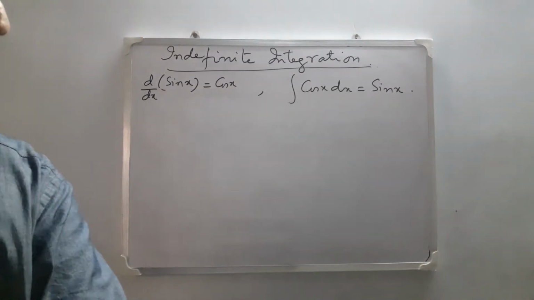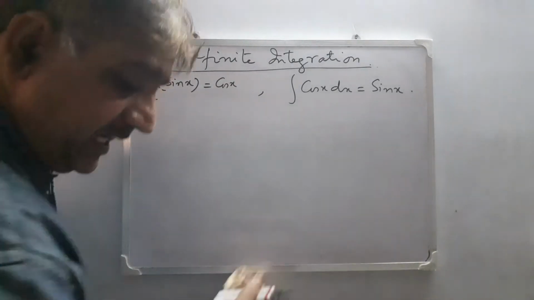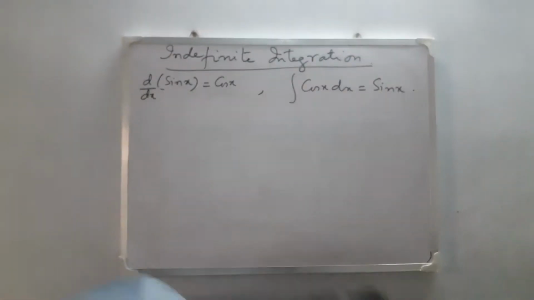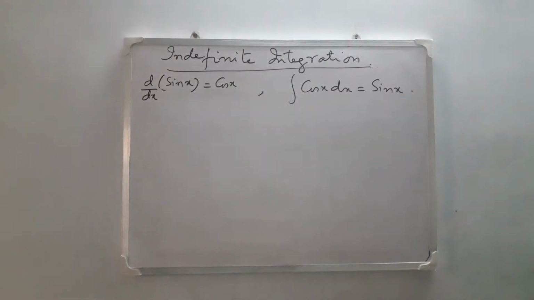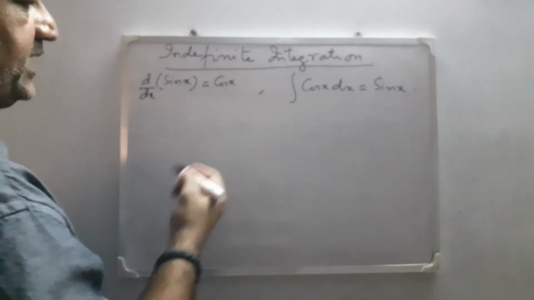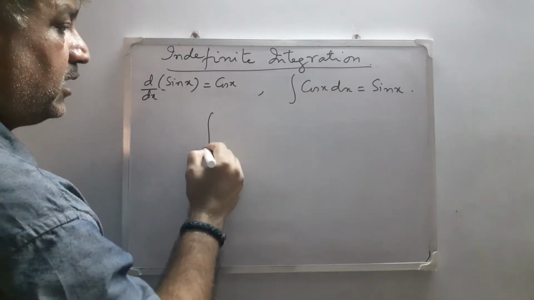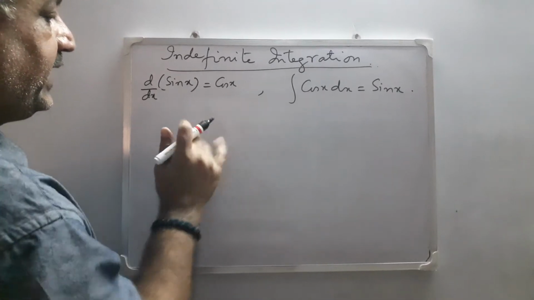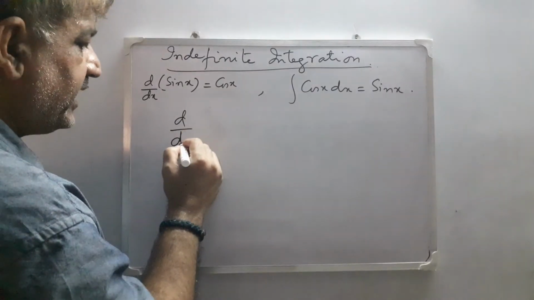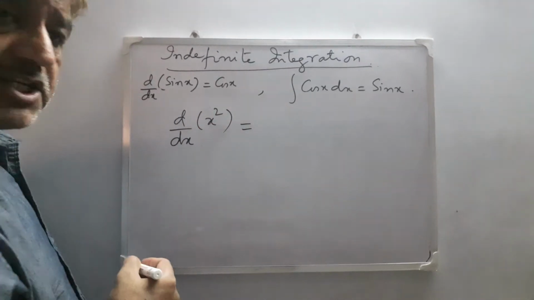Now, for several formulae we will discuss one by one, but before that we have to discuss one concept. Boys, you see here, d/dx of x square. You know what the differentiation of x square is?